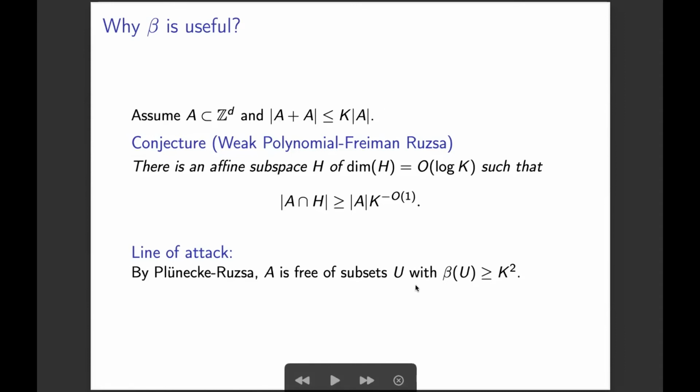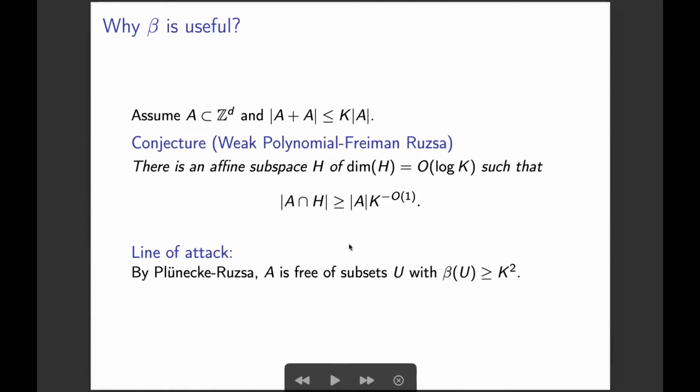And once we have this beta, and actually alpha, in our arsenal, we have a new line of attack in general to think about sets with small doubling, because once the doubling is small, that means that they cannot contain any subsets with large induced doubling.